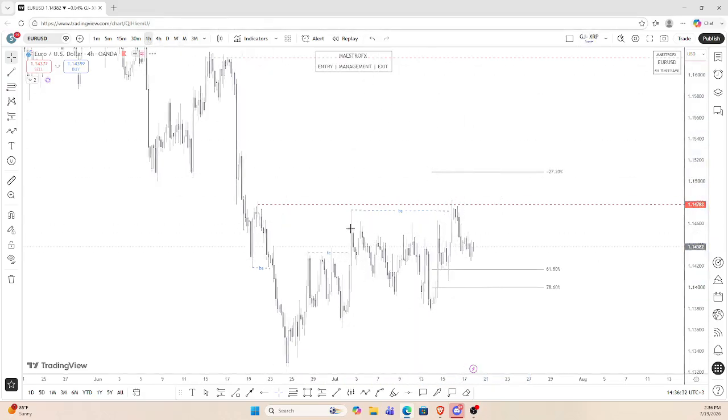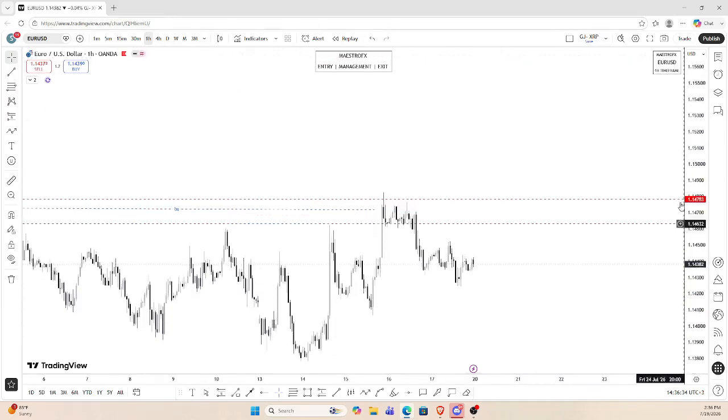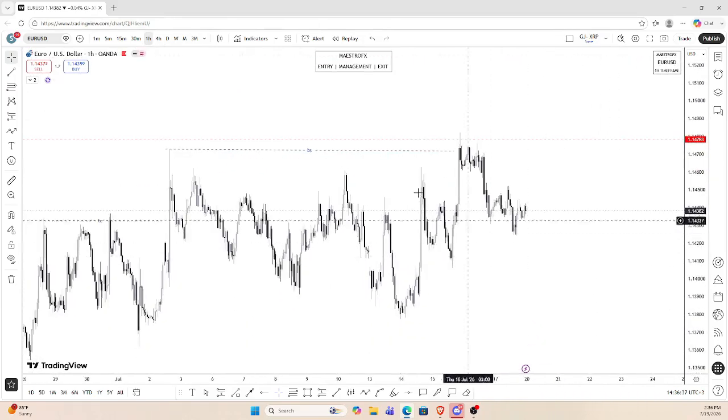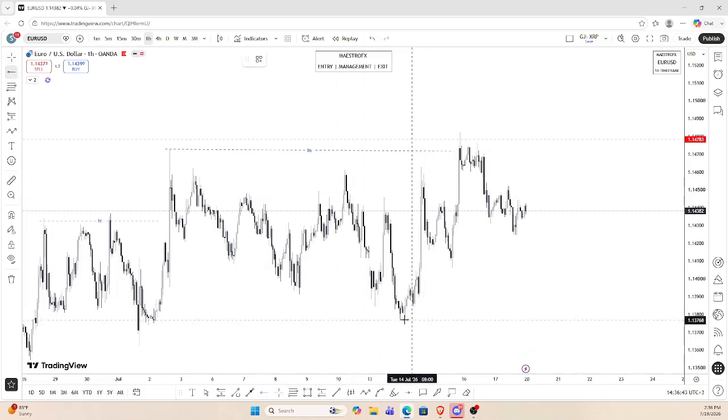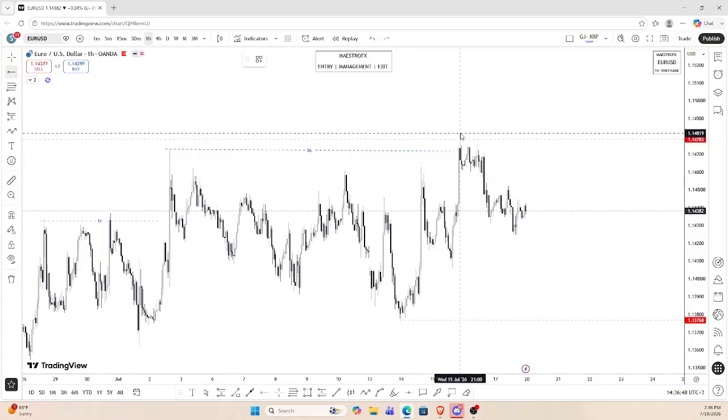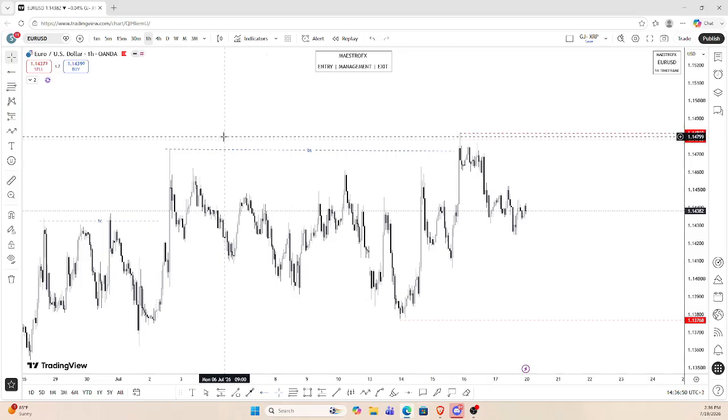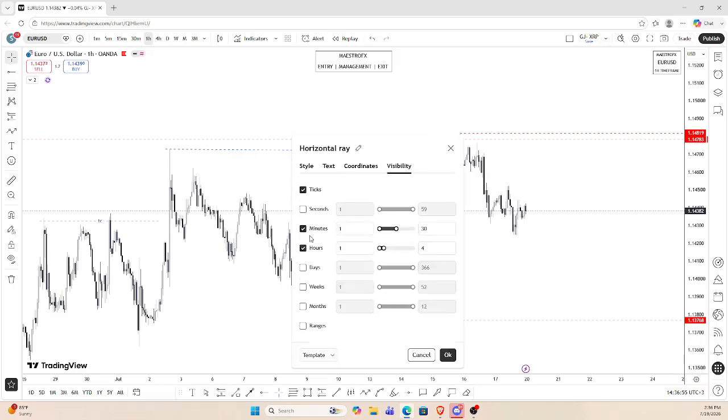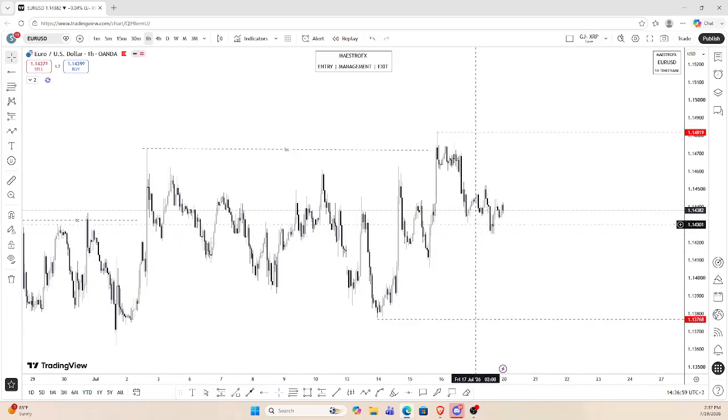Let's head over to the 1 hour time frame and see what we have. Yes, you can see that this is the swing low, and this here is the swing high. Yes, this is the swing high, and this here we have is the swing low.